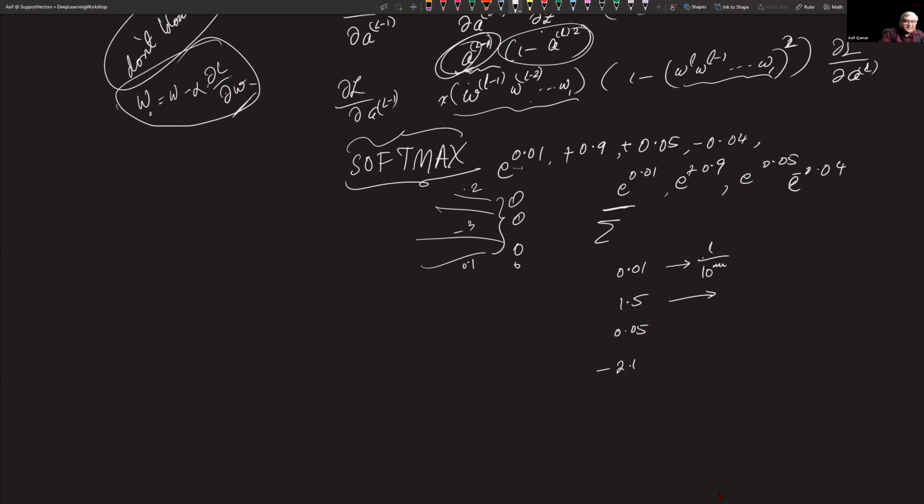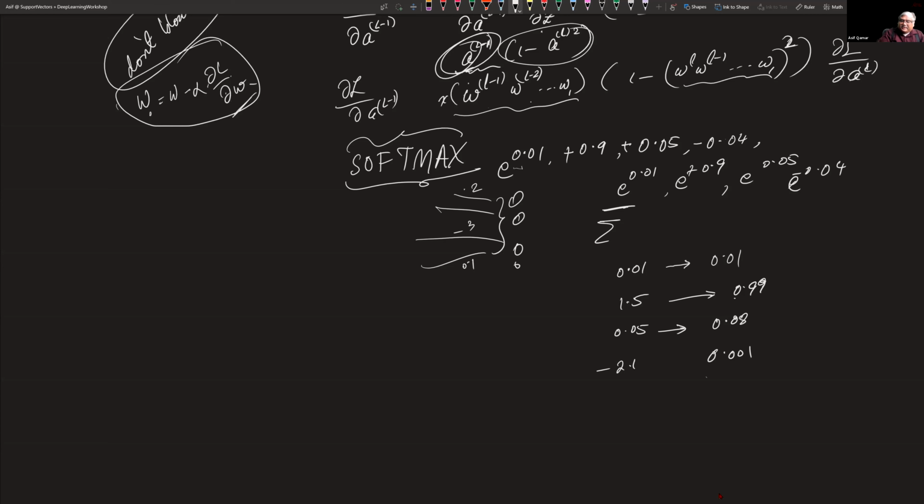This will become large, something like 0.99. This will again become a small number, maybe 0.08. This will become 0.001, a very small number. Are we together? By the way, these are just guesses. You can try it out by doing it. If you exponentiate these numbers, what will you get? Let's say you get 0.1, something like this.